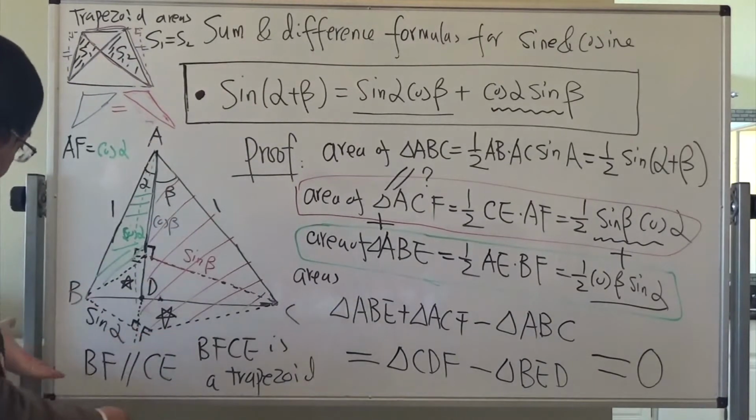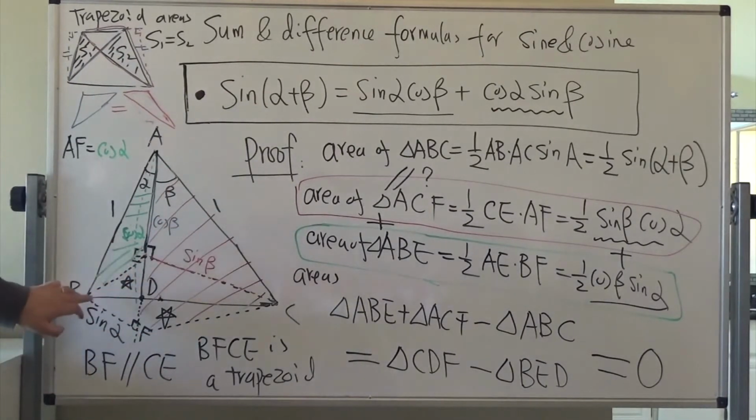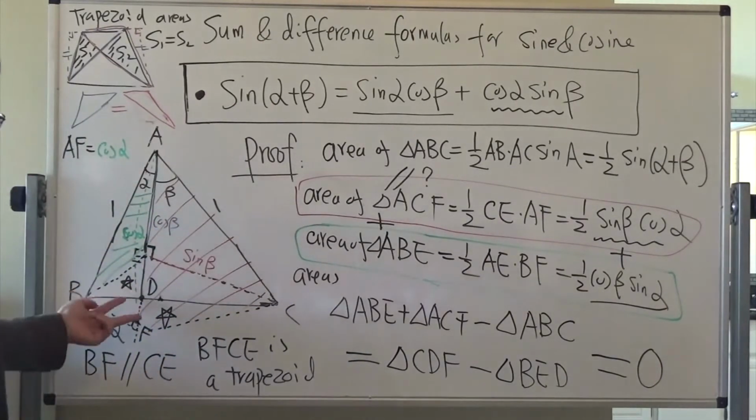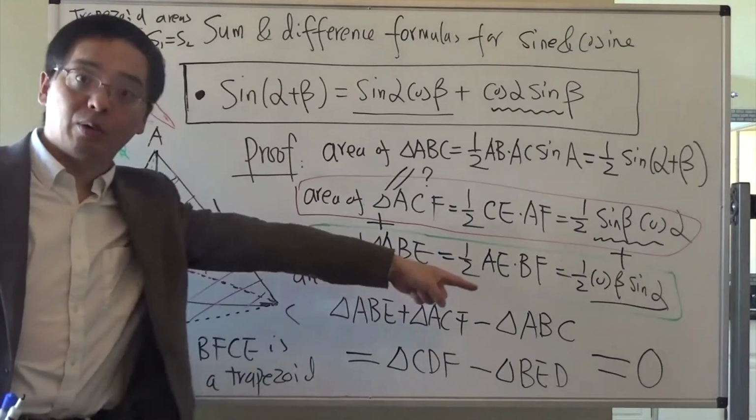Now we just apply it here. I have trapezoid BFCE, because BF is parallel to CE, and the two triangles are opposite, right here, and accordingly the areas are the same.